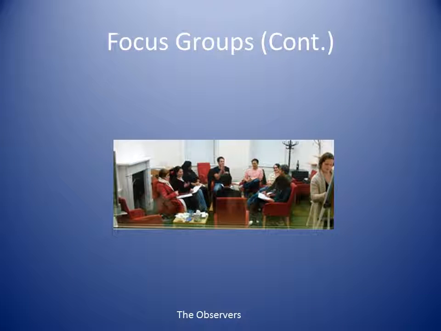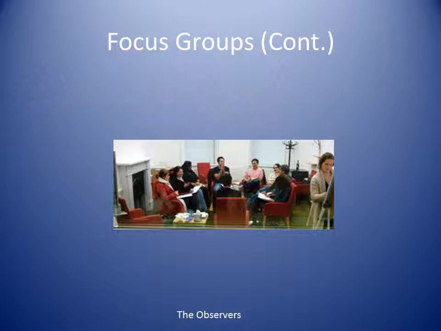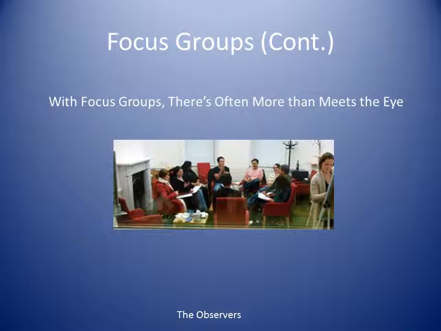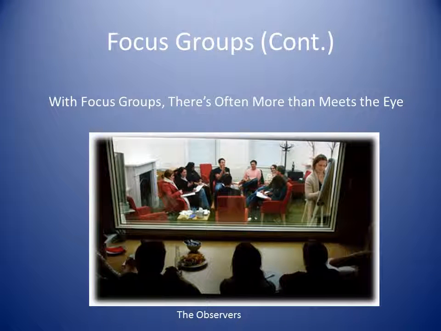Now, as I've said, the objective of a focus group is to gain insight regarding the choices and behaviors of the participants involved. Now, you're wondering where the observers are. In fact, if you want to find the observers, you have to understand that there is often more in focus groups than meets the eye. The observers are independent of the entire conversation and are looking in on the conversation between the participants and the moderator in order to understand the true feelings in regards to the product.